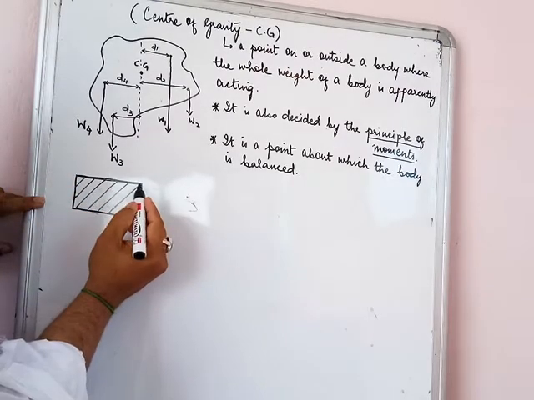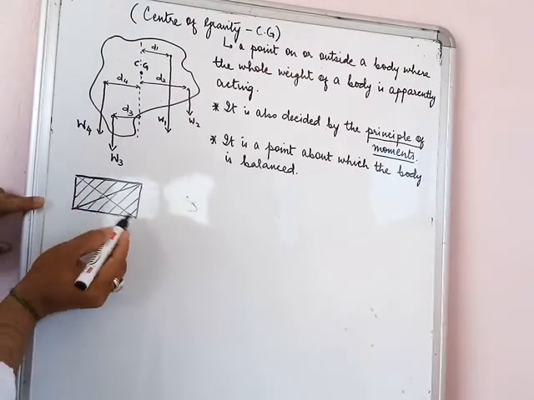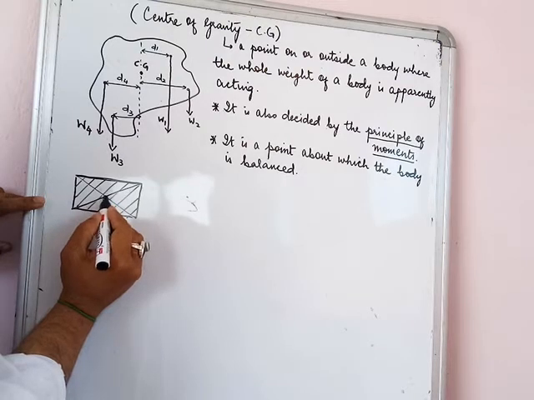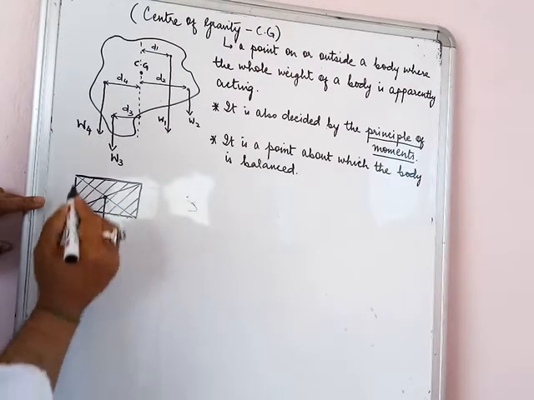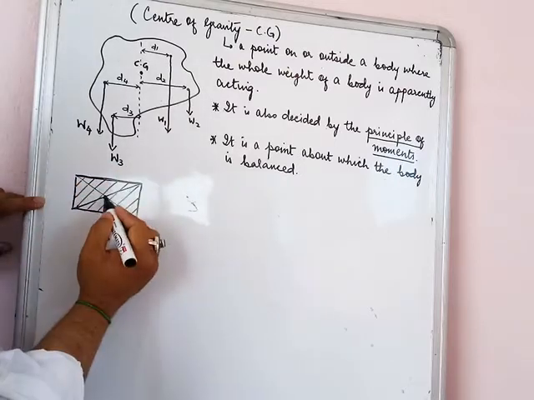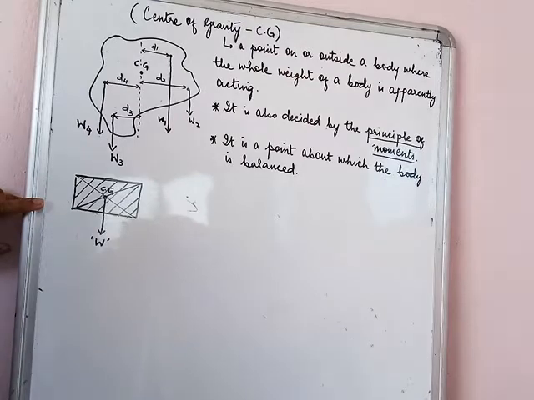How do you get that center? You join one diagonal and the other diagonal, and the point of intersection is where the entire weight of this cardboard is going to act. So this point is the center of gravity for this shape.